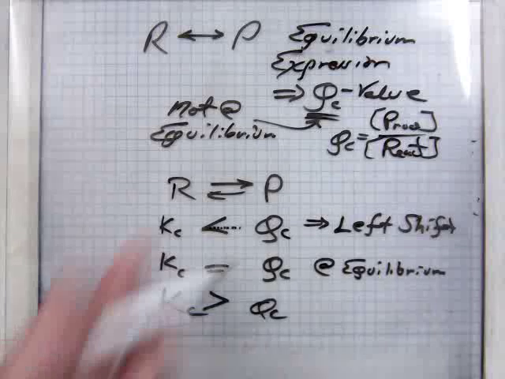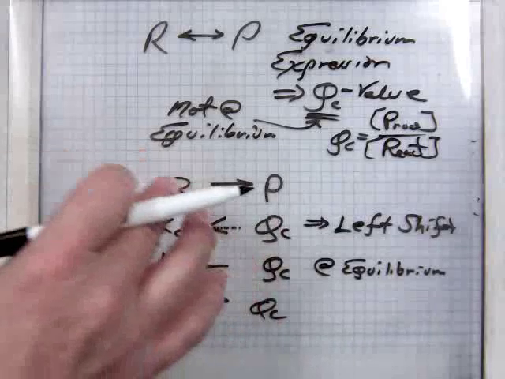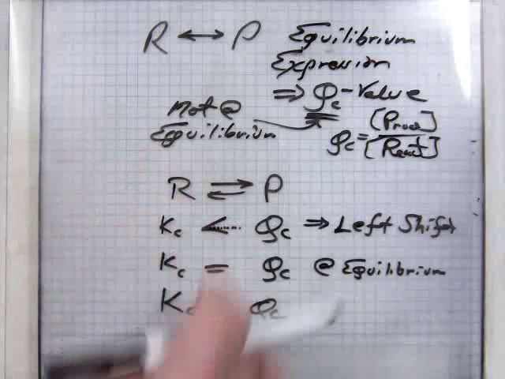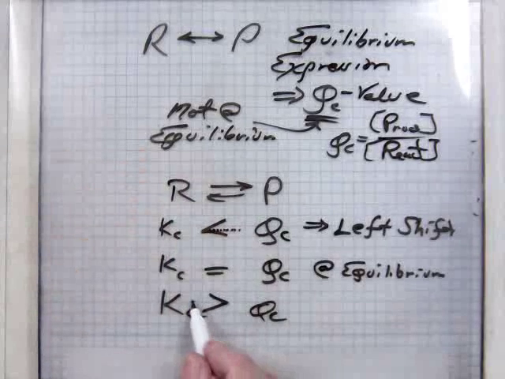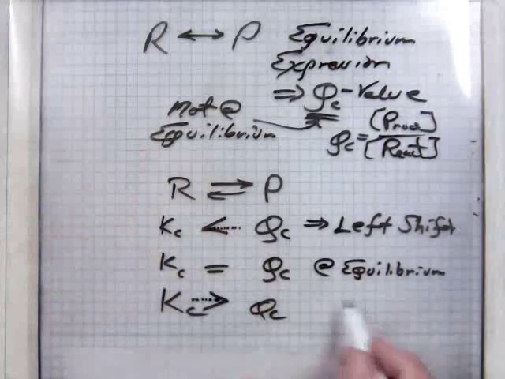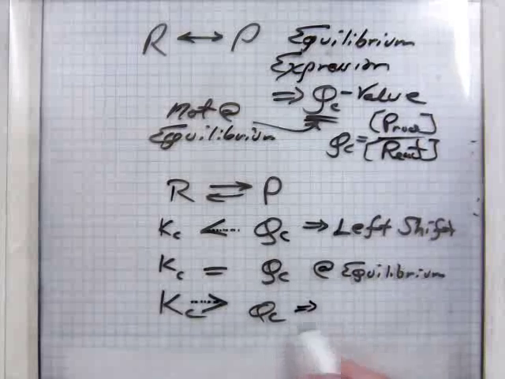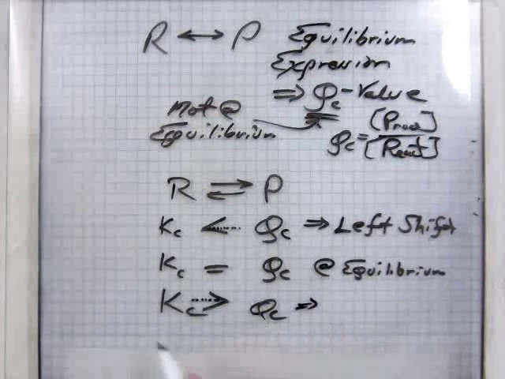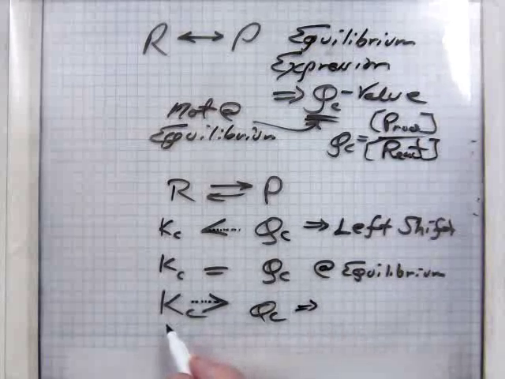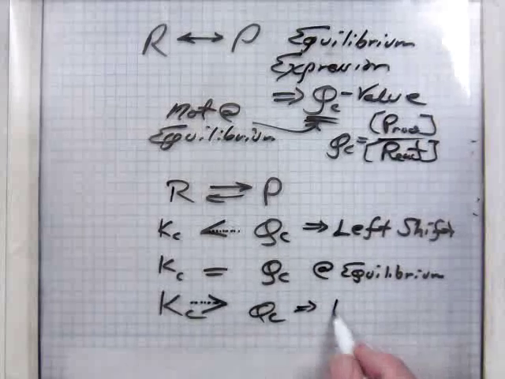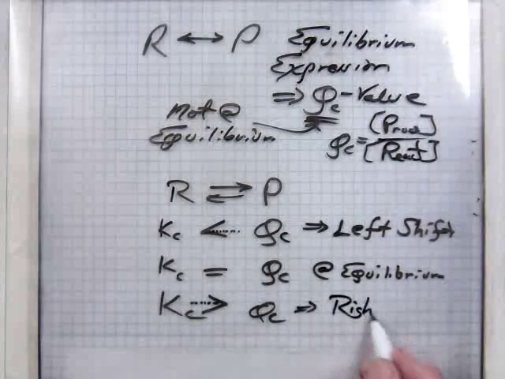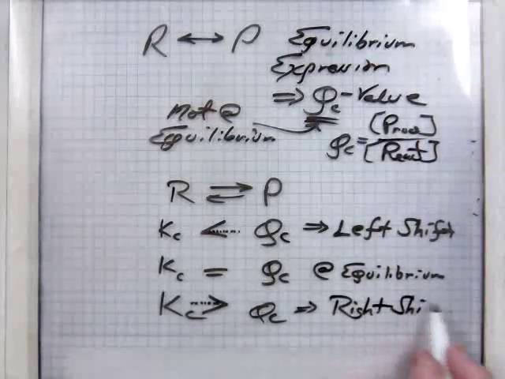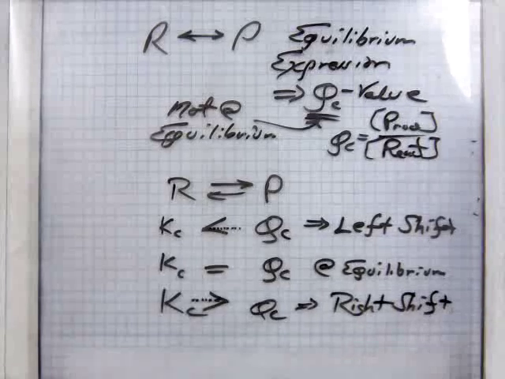So if you set it up K before Q and put this in like that, whether it's top or bottom, this one will show a right shift. So if you have a QC calculation less than the KC value given, then you have a right shift in that particular reaction. Now, that's an easy table to remember and apply.